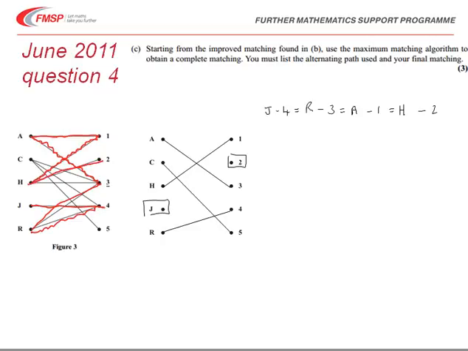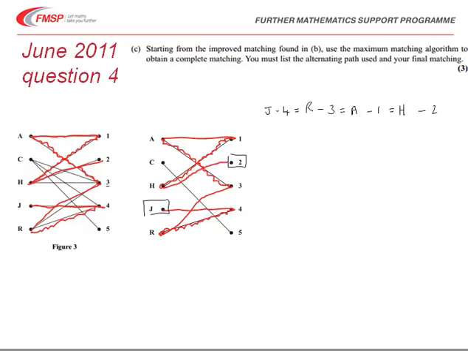So let's put that onto our final diagram. We go from J to 4, not R, to 3, not A, to 1, not C, and then finally to 2.